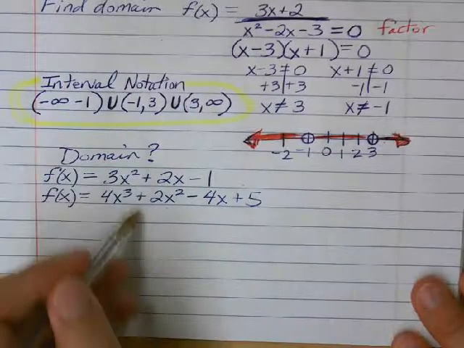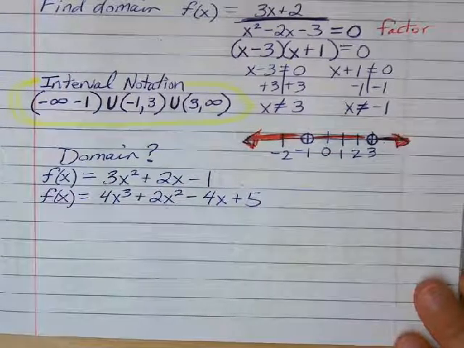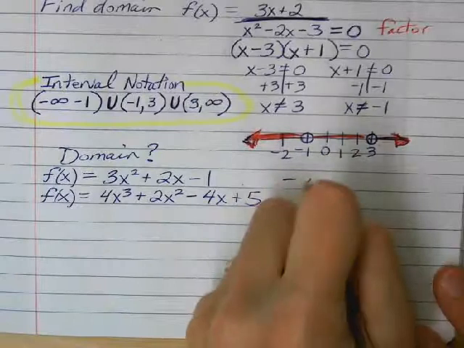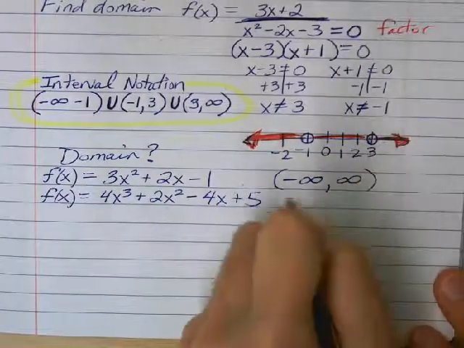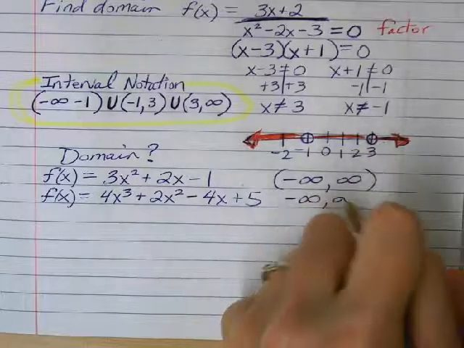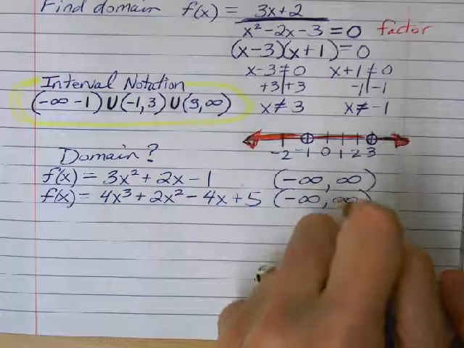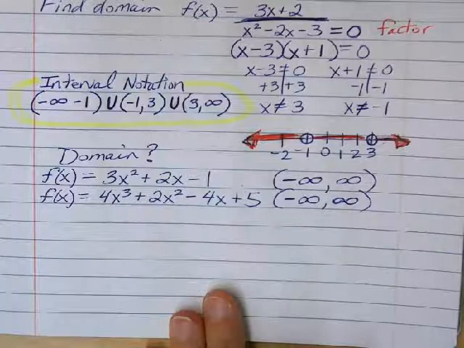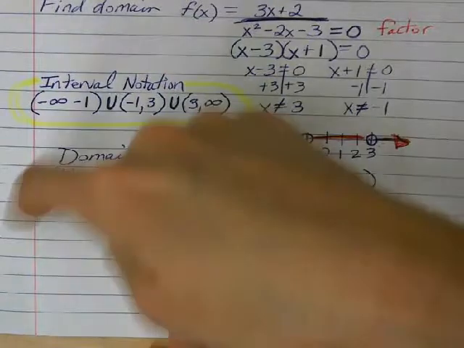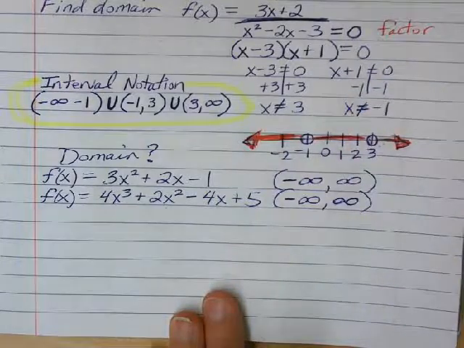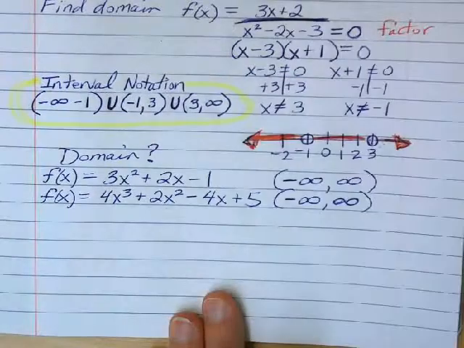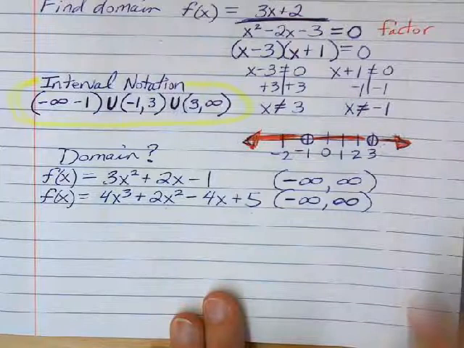They have the same answer actually. Yeah, the domain of these is negative infinity to positive infinity. Just so you know, any polynomial function has a domain negative infinity to positive infinity. Or a quadratic. The domain of quadratics is negative infinity to positive infinity.